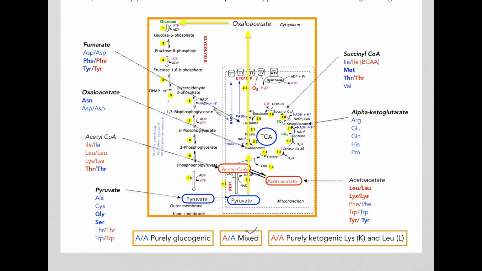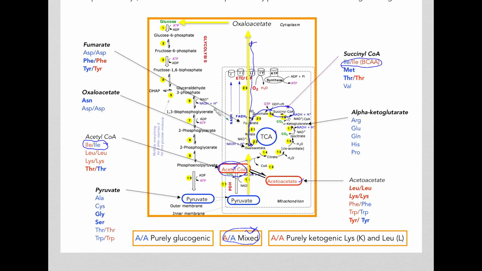A mixed amino acid is an amino acid that can give you either acetoacetate or acetyl-CoA, which cannot be made into glucose, but it can also give you something that can be made into glucose. So for example, isoleucine. You can see isoleucine gives you acetyl-CoA, which cannot be made into glucose. However, isoleucine also gives you succinyl-CoA, which can be converted to oxaloacetate and then be used to make glucose.